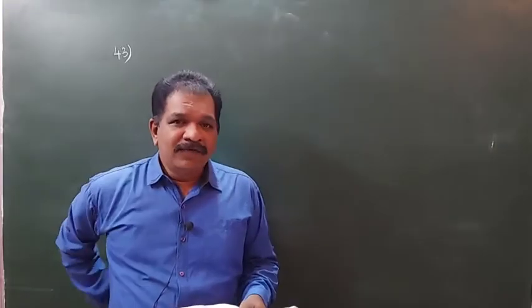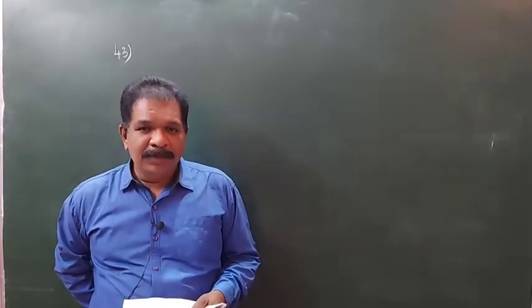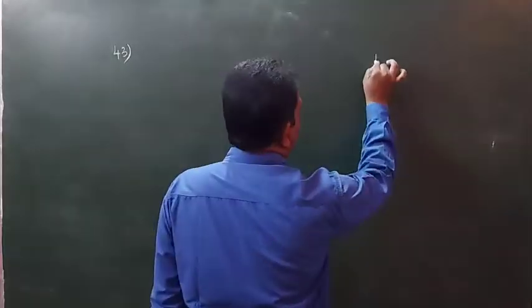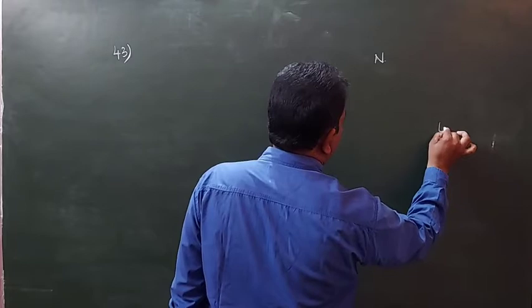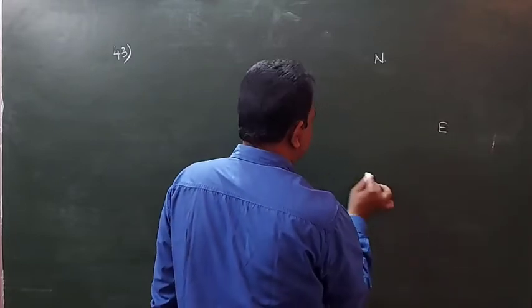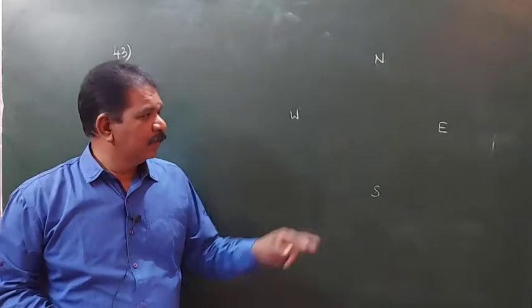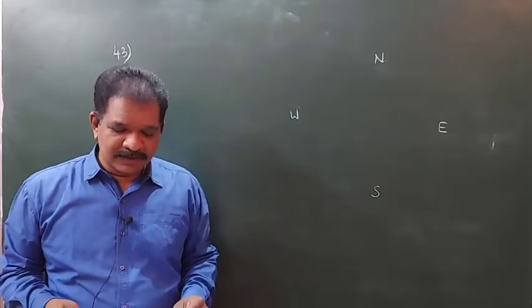The velocity of a train is 80 kmph due west. If we write the directions on the paper, here north, here east, this is south, this is west. So these are the directions.